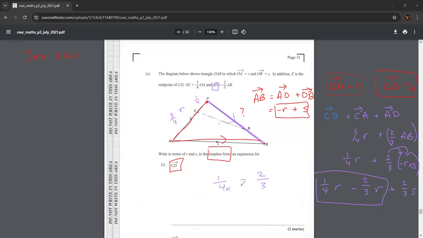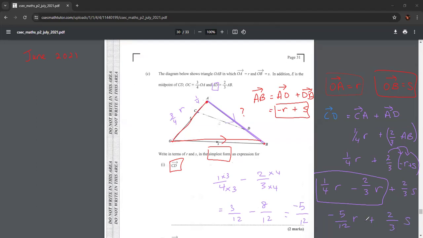My LCM of 4 and 3 is actually 12. Whatever I do to the bottom to make 12, I must do to the top. So it's actually 3/12 minus 8/12. So 3 minus 8 is going to be negative 5/12. So this becomes negative 5/12 R plus 2/3 S.